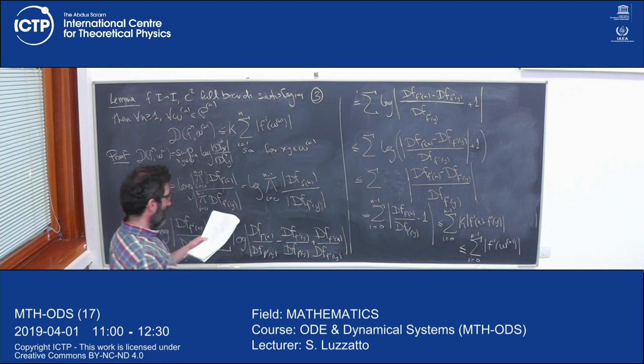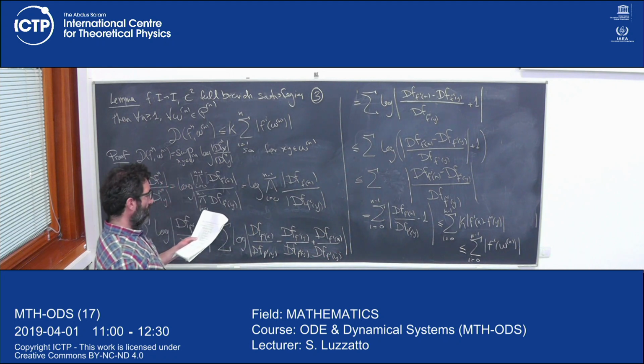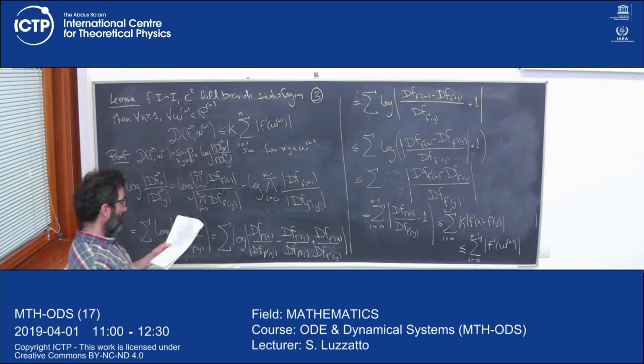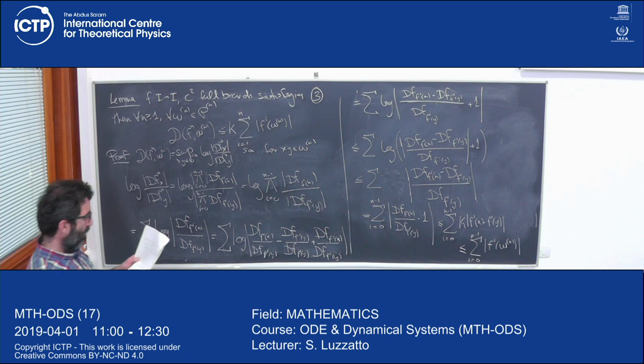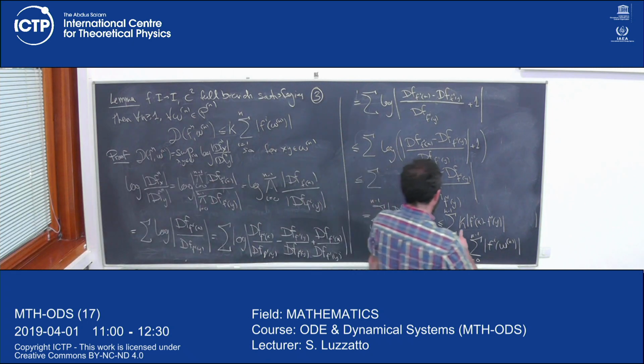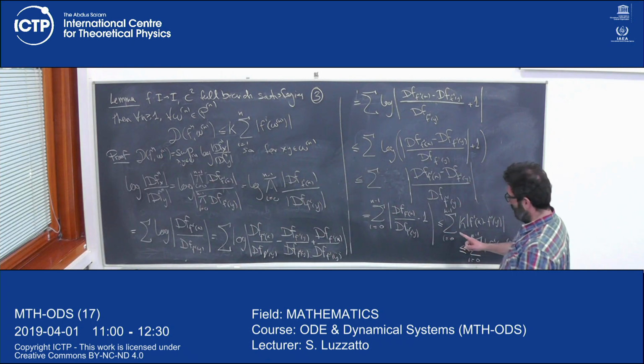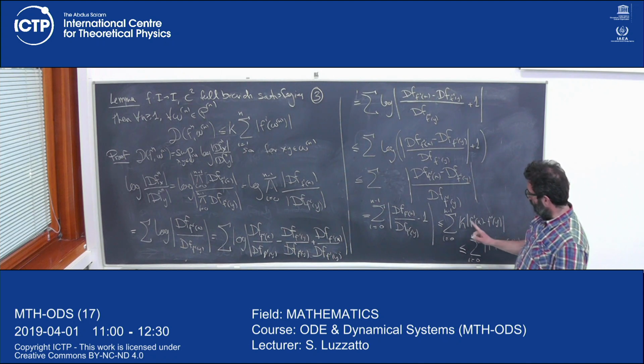Why do I have from 1 to n? Because this is f_i, so this is not i equals 0, right?